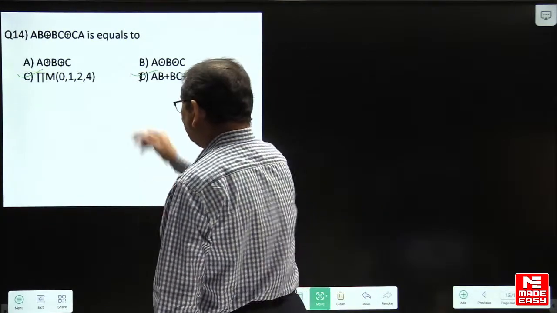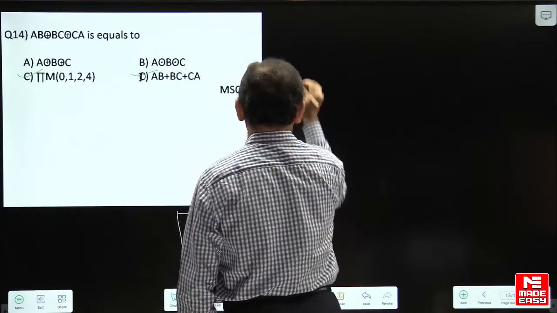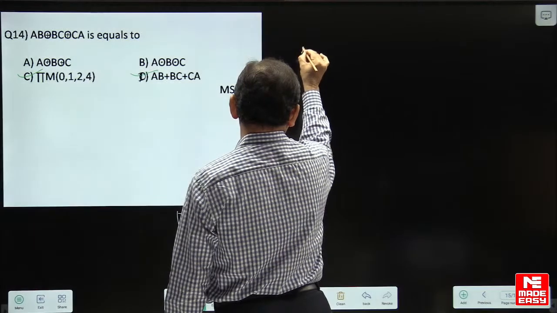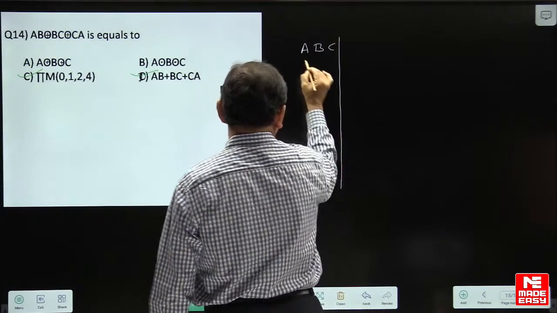Right? So the expression given here is on 3 Boolean variables. You know well that on these 3 Boolean variables we have 8 possible combinations.